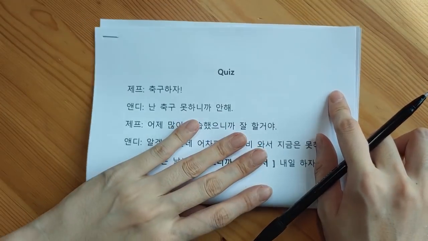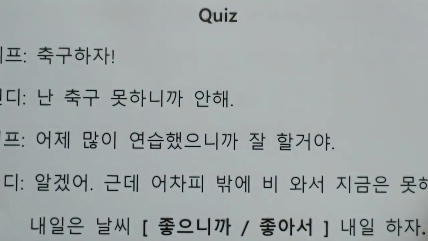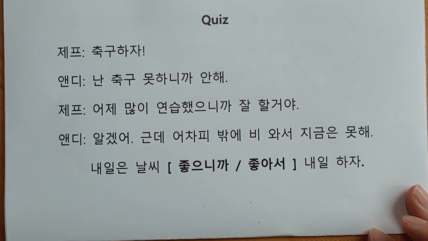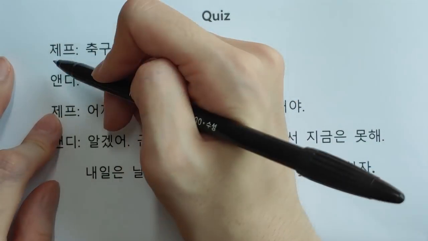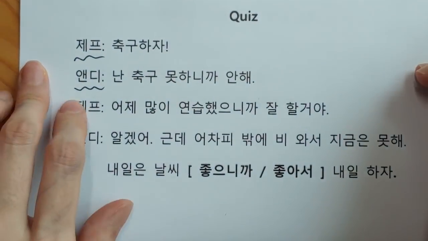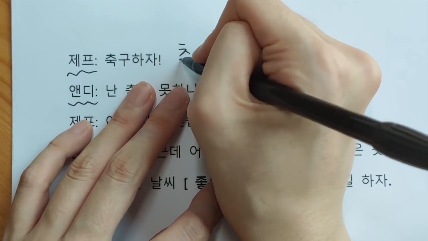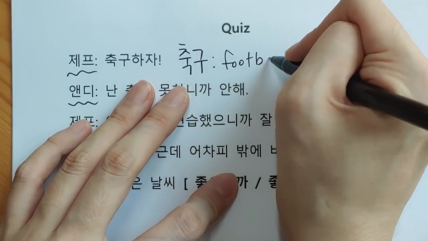Okay, so to practice more, I brought some quiz here. So let's look at this dialogue. So this is a dialogue between Jeff, 제프, and Andy. So Jeff says, 축구하자. 축구 means football or soccer.